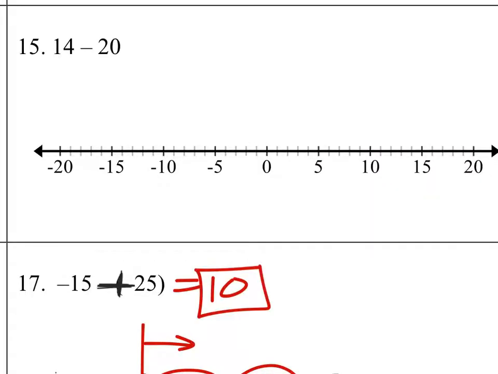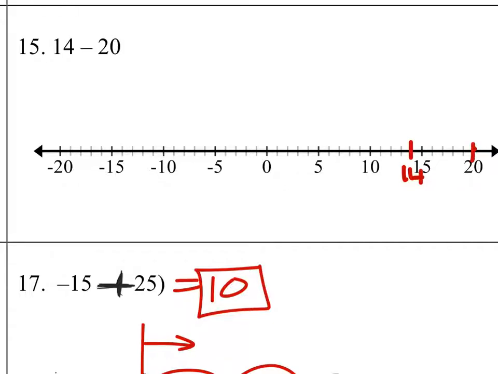Good luck. Thanks. Okay, so first what you're going to do, you have 14 and 20. So you're going to mark it, because you're going backwards, and that would be 14. And then because you have 20, it's just going to be right here.